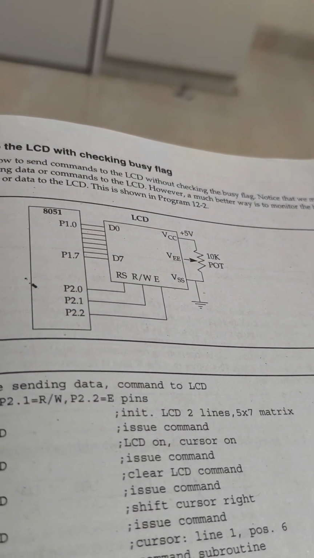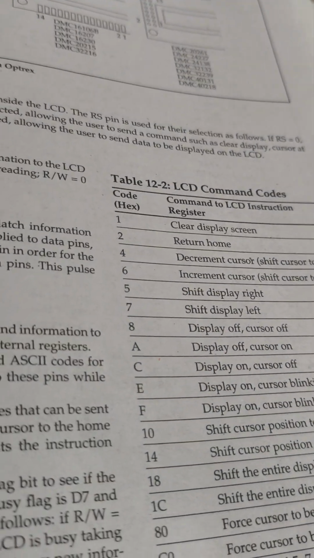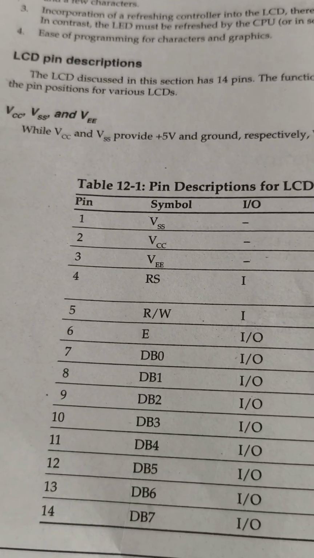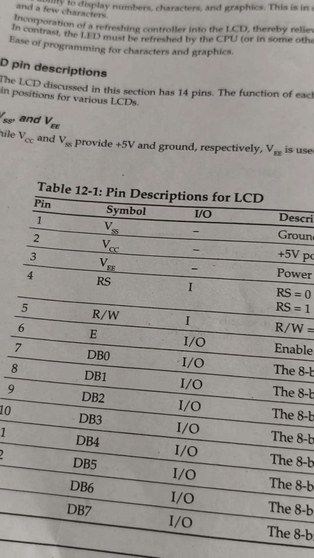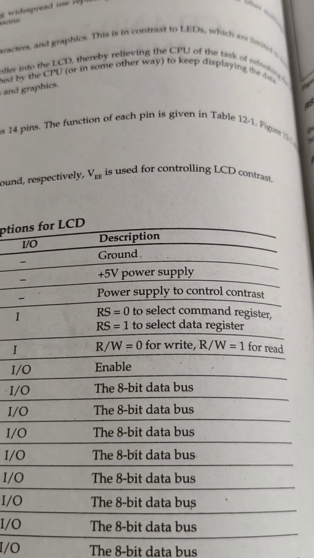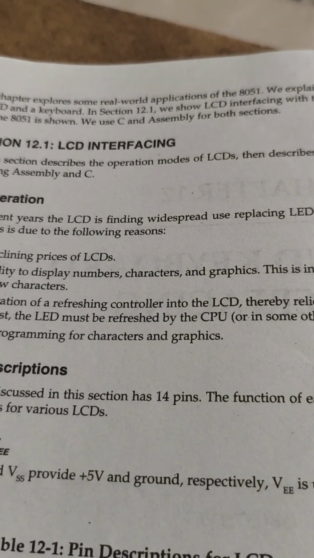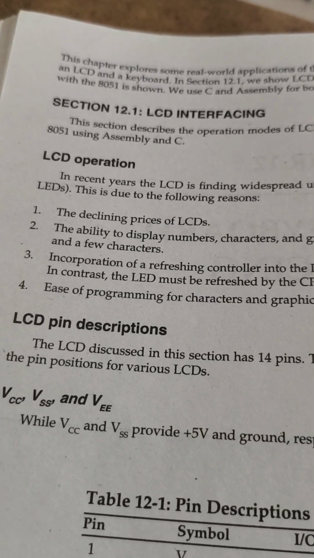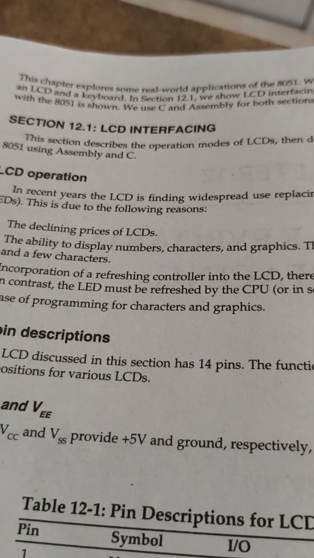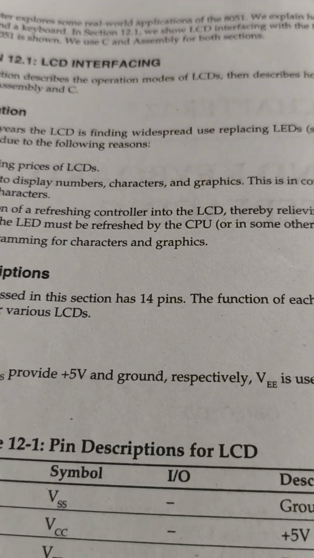If you want to explain more, you can explain these concepts also, such as whatever commands we give to the LCD. You can also explain the pin description of the LCD: what pin number 1 is, pin number 2, pin number 3, pin number 4, everything we can explain. This is about interfacing of LCD with the 8051 microcontroller. Such questions they will definitely ask in the exam.